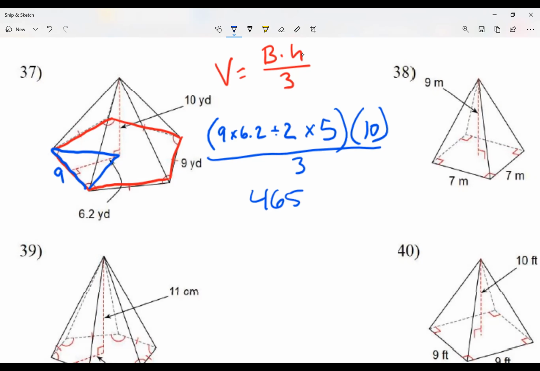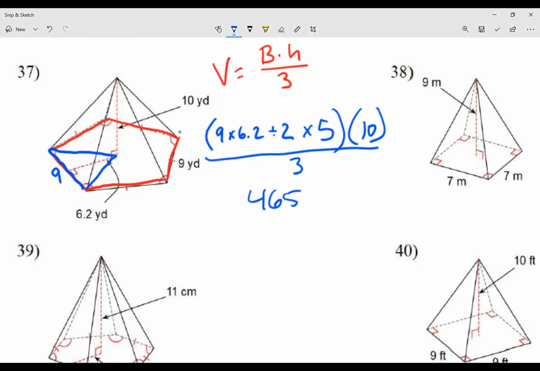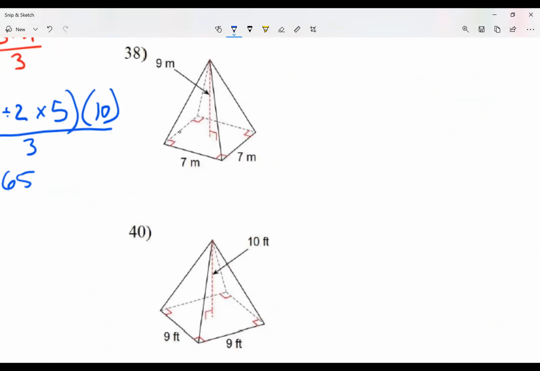Okay, let's take a look at number 38. It's a pyramid. So I remember for pyramids and cones, I'm going to go the area of the base times the height divided by 3. The base is this shape at the bottom. It's a square.